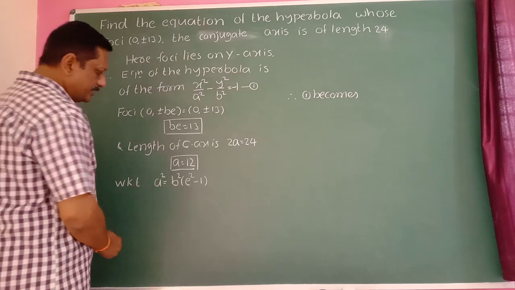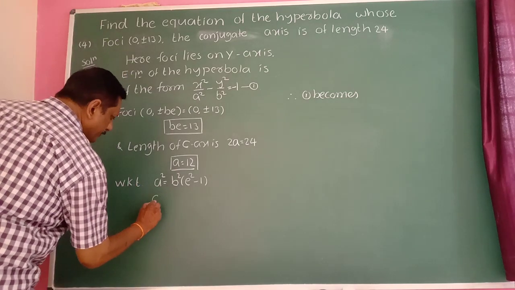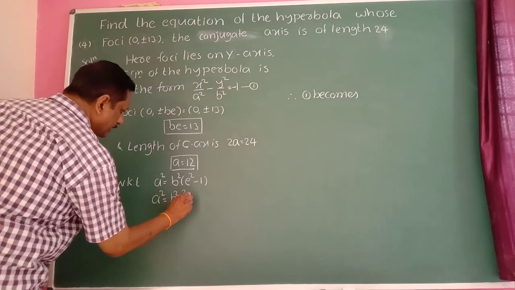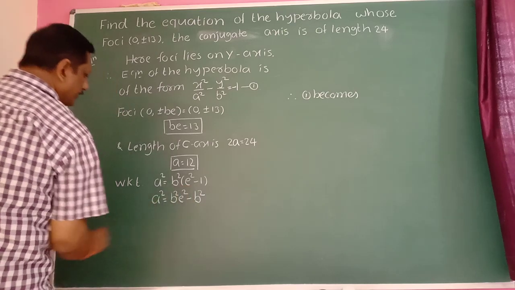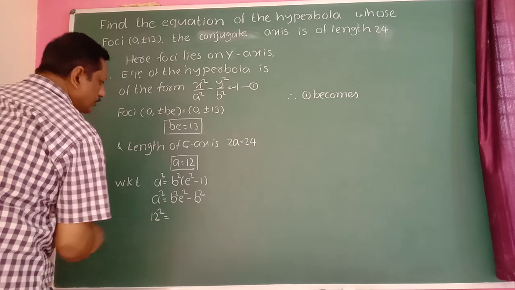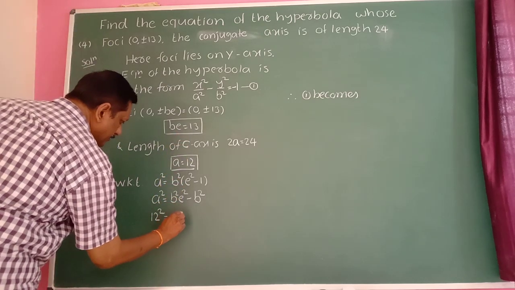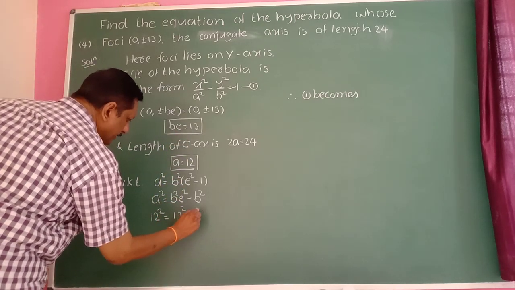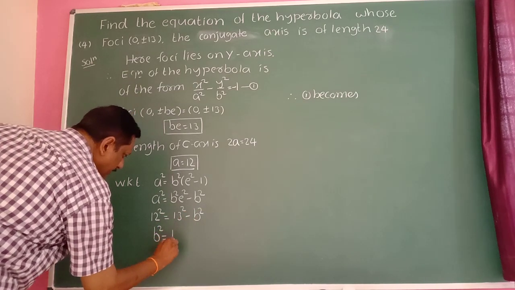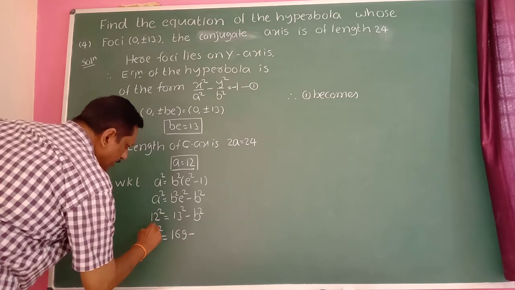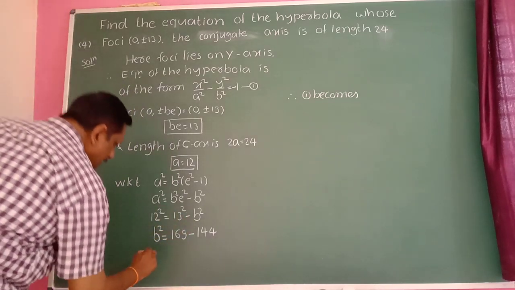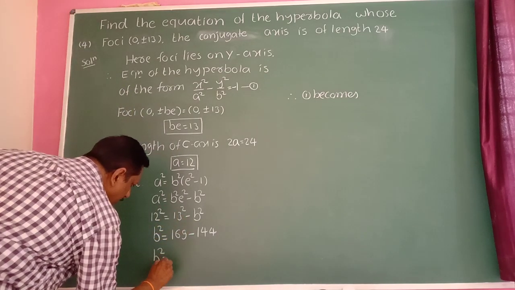Then you know this standard result: a² = b²e² − b². The a value is 12, so 12² equals 13² minus b². Taking b² to this side it becomes plus b². 13² is 169 and 12² is 144. Taking 12² to the right side, b² is equal to 25.